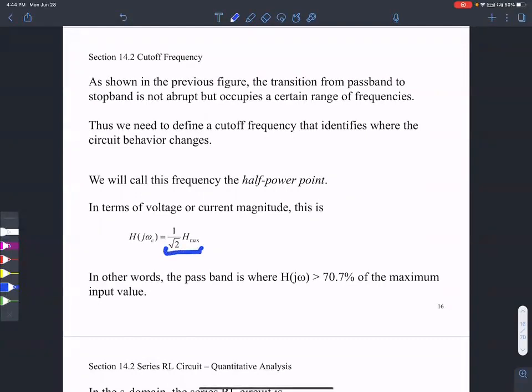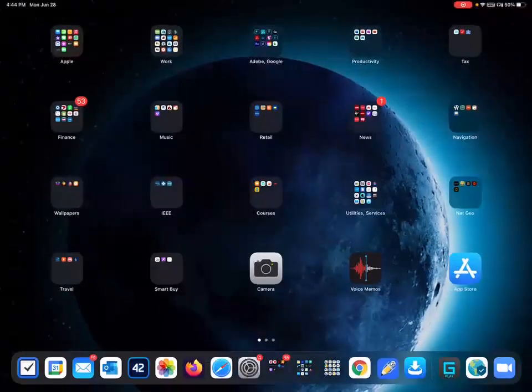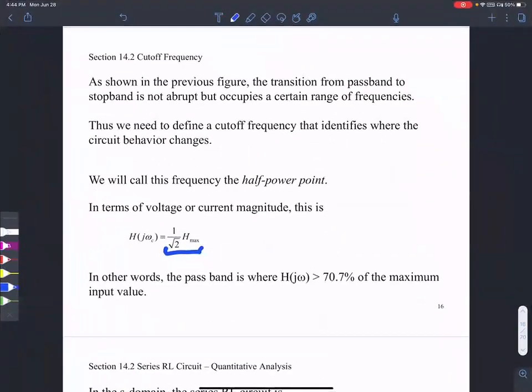Professor Tetro also talks about half power bandwidth, which is 0.707 times the H max, at negative 3 dB.